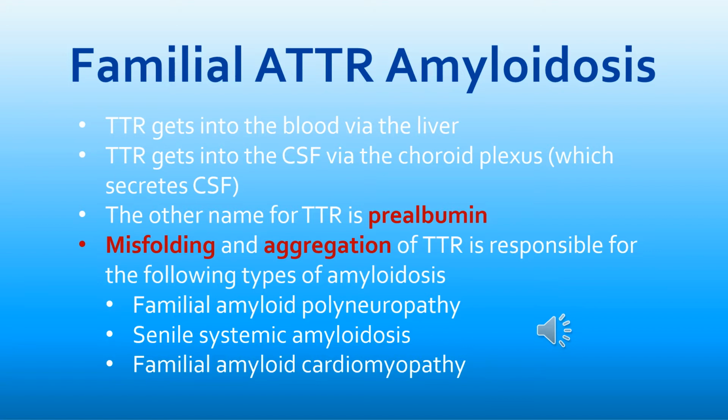Otherwise, you don't see any symptoms for years. And then there's one that's called familial amyloid cardiomyopathy, and that's the one that shows up as different types of heart problems in families. So we're going to be talking about all of these different types, but this is just going to be a general overview because I want to tell you what you can look out for as far as symptomatic problems with your family members.